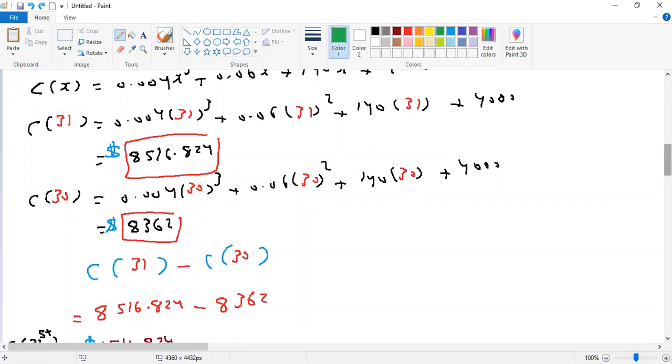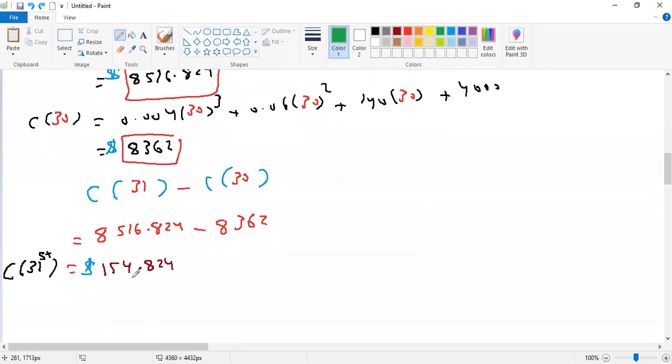The difference is 154.824. This represents exactly the cost, because it's not a derivative, of producing the 31st unit, a single unit.